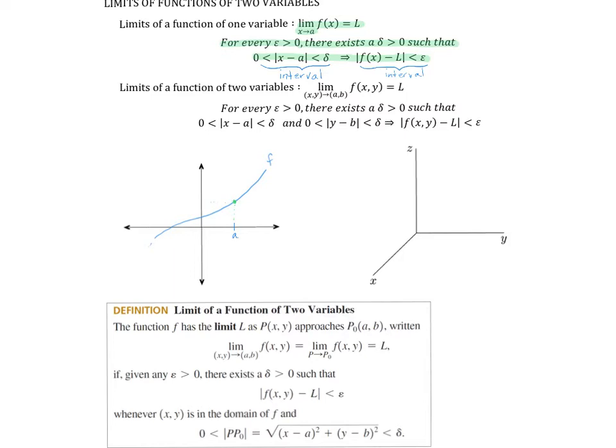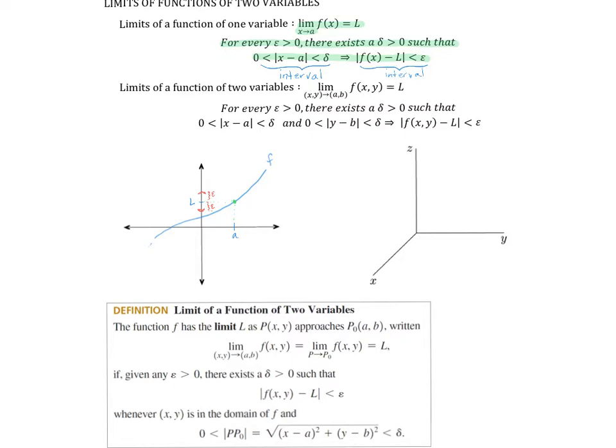It's going to correspond to some y value, which we'll call L. Basically, what the definition is saying is that for every interval around L, and this interval is going to be some distance epsilon, so this distance here is epsilon and epsilon.